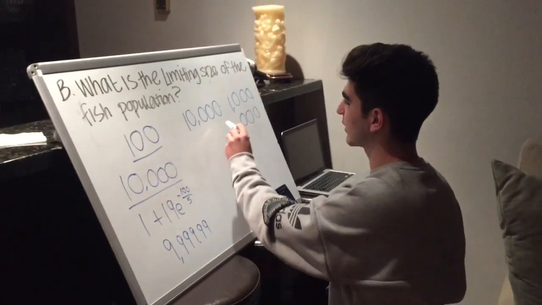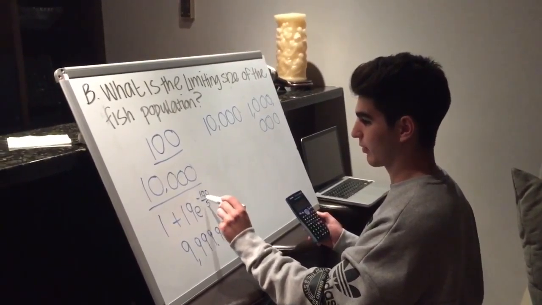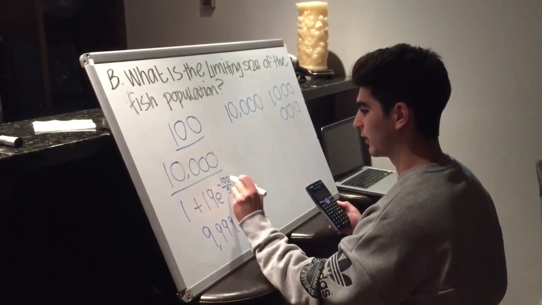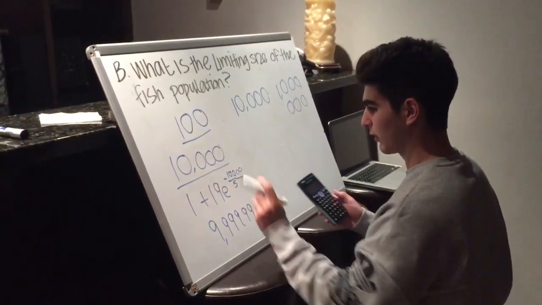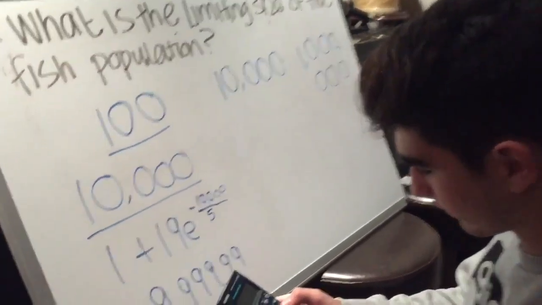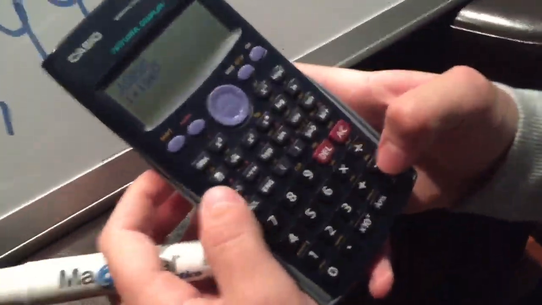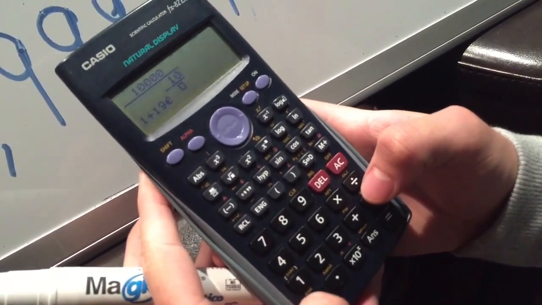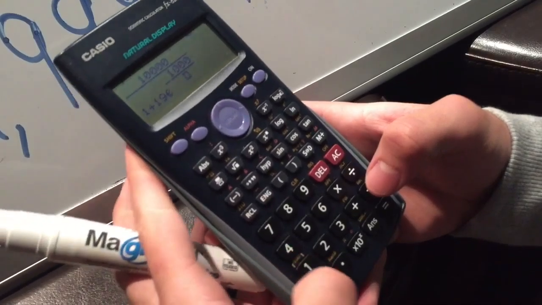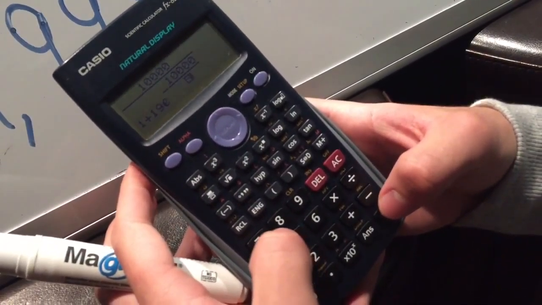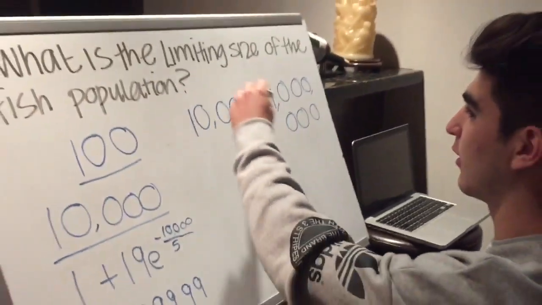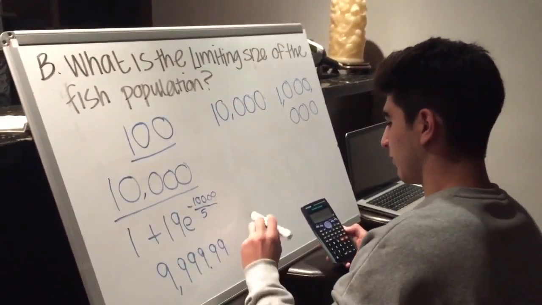Now if we take our second value and plug it in for t, changing the 100 to 10,000, we get 10,000 as the answer.